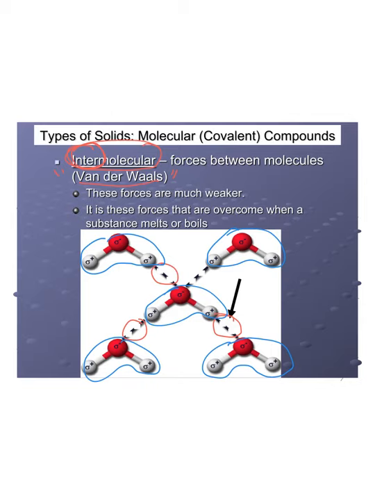You learned about these when you were a baby freshman too, because you had to learn about hydrogen bonds, and hydrogen bonds are one type of van der Waals force that we're going to talk about at the end.